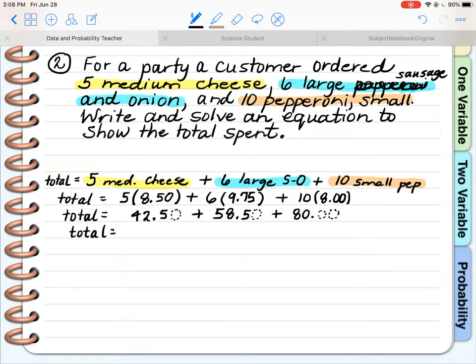And that is going to give me $181. And that is a lot of pizza. Okay. A lot of pizza.